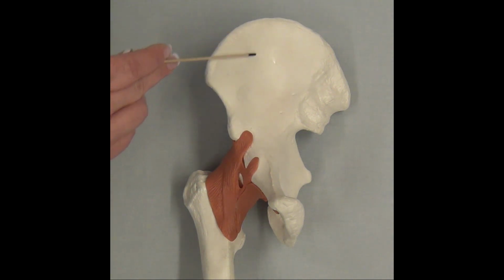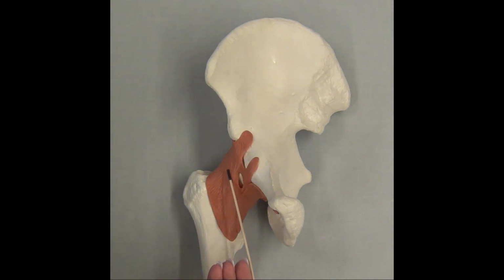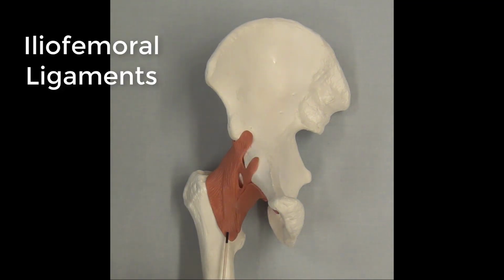This is the ilium, this here is the pubis, and in the posterior here, this is going to be the ischium. So, the ligaments that start at the ilium and go to the femur are called the iliofemoral ligaments.